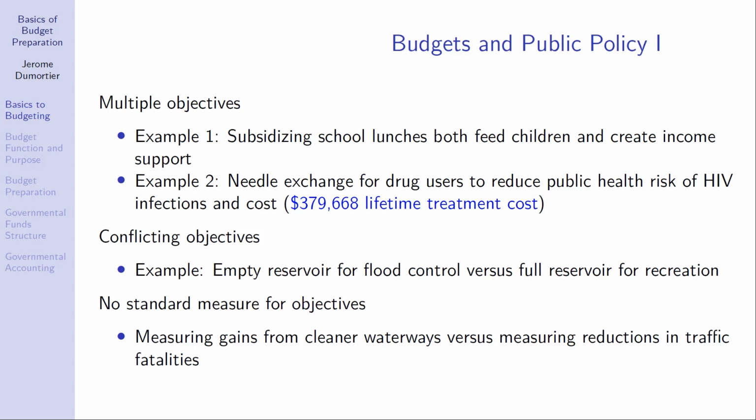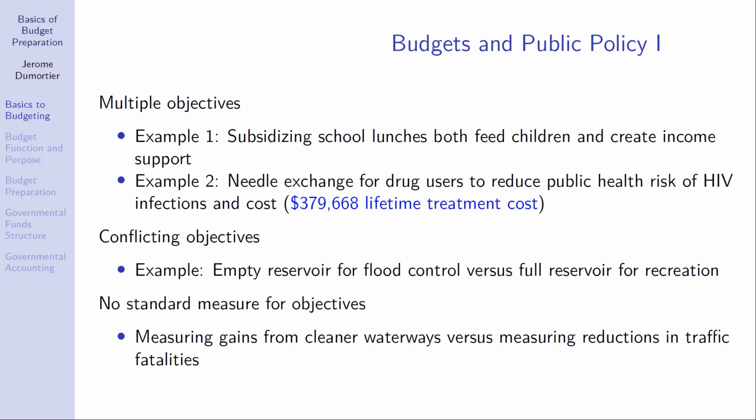Now, there are some aspects to consider when you're thinking about budgets and public policy. First, as a policymaker, you may have multiple objectives that are going to be reflected in your budget. Here we are looking at two examples. So think about subsidizing school lunches, both to feed children as well as to create income support.